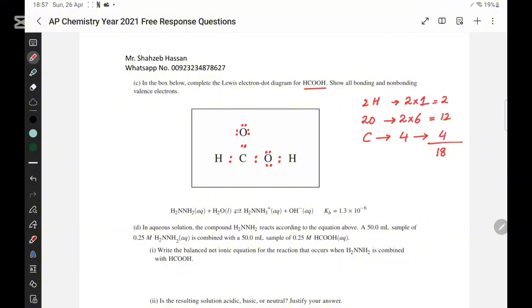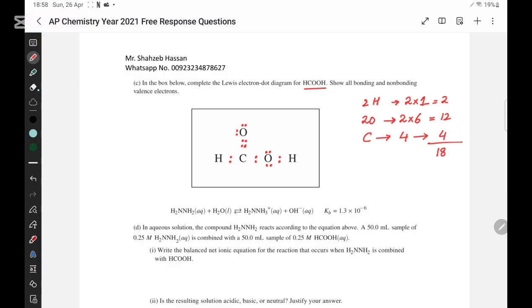But now the octet of carbon has not been completed yet. To complete the octet of carbon, we need to remove two non-bonding electrons from here and put them over here.